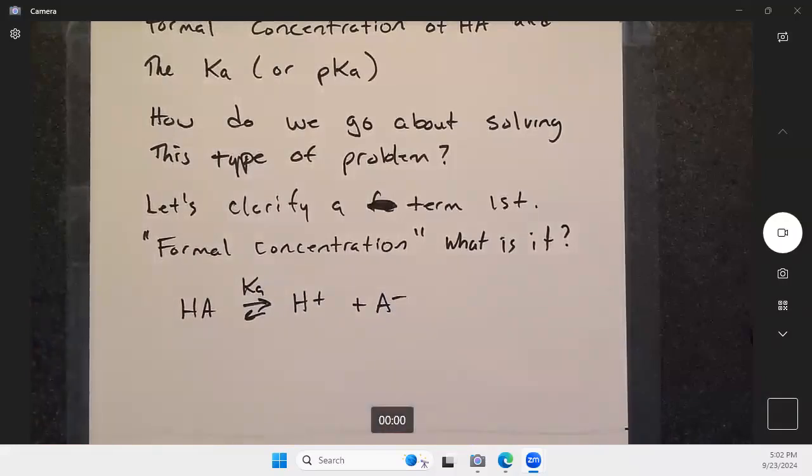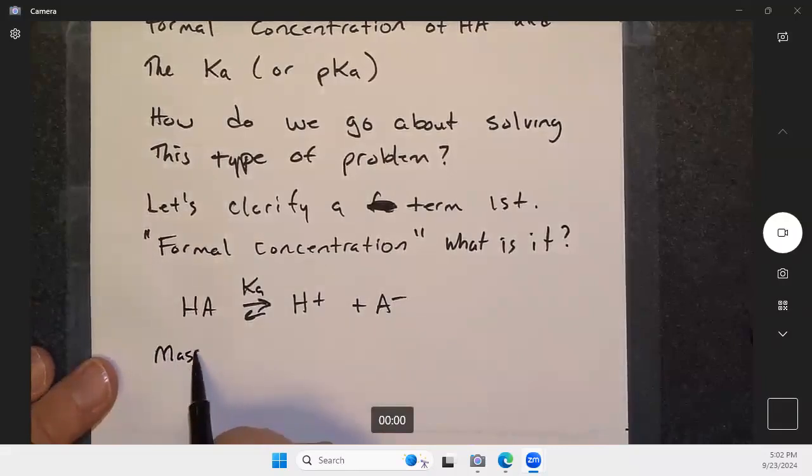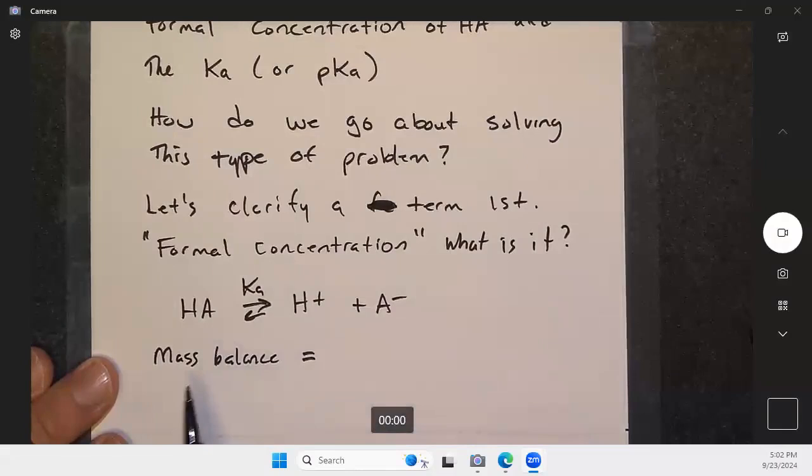Before, we would write a mass balance equation. We don't know how much we start out with, but we know if we put HA into this water, we're going to have HA and A minus.